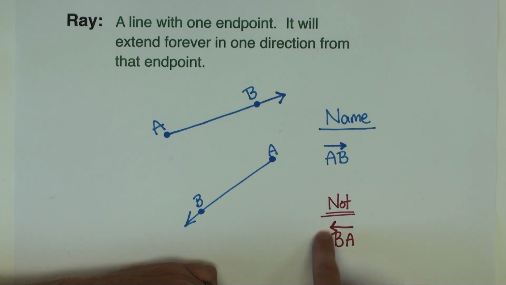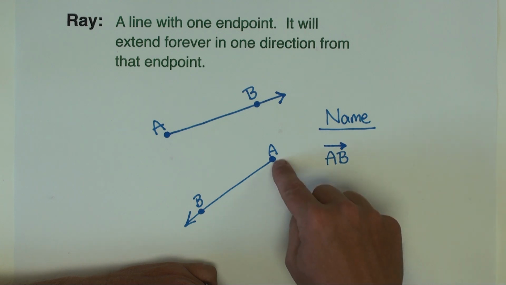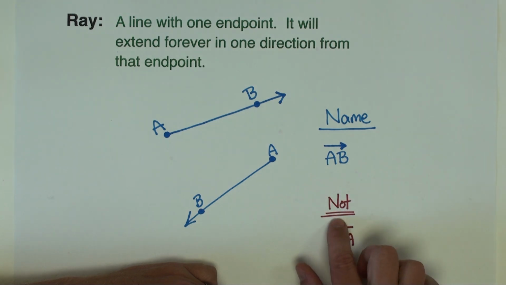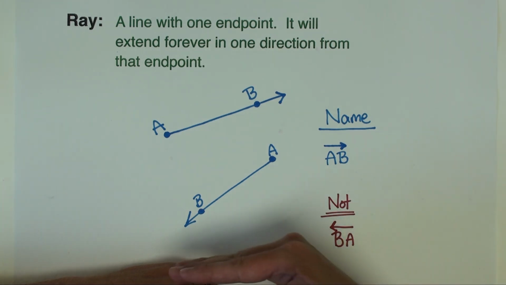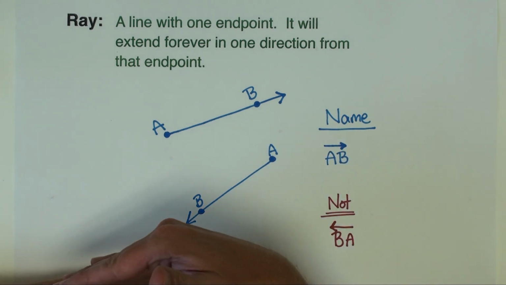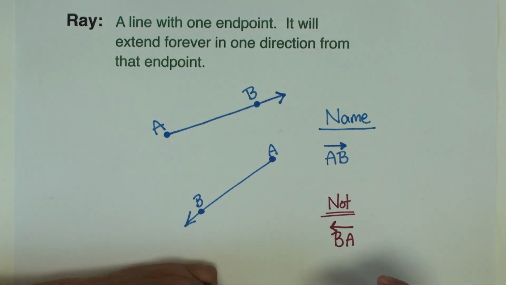So if you read this, you might incorrectly read out loud, you might say ray BA, and if we say BA, then we are indicating that B should be where the endpoint is and A should be where the arrow is. So we're not going to do this. We're not going to make our symbol go to the left but we instead always want it to go to the right, even if the picture shows the other direction. Okay, I hope that was clear.